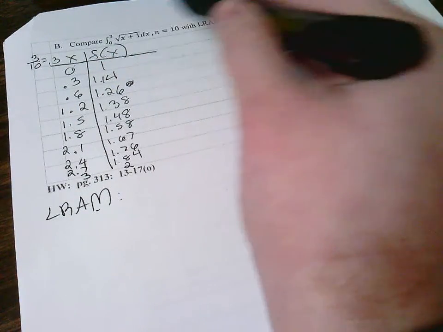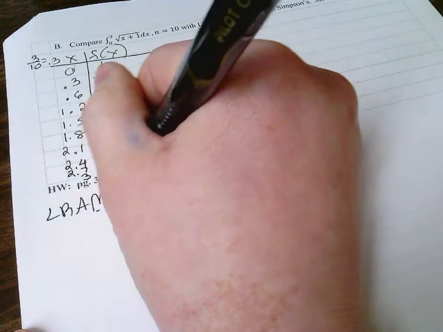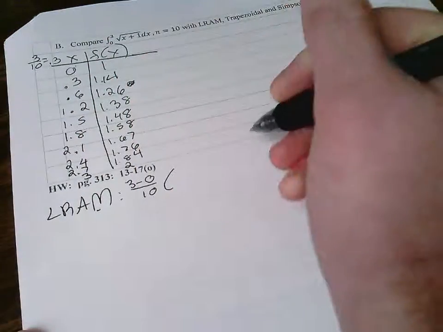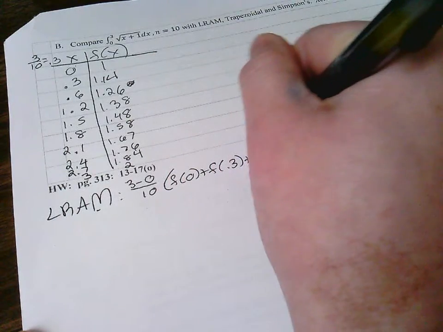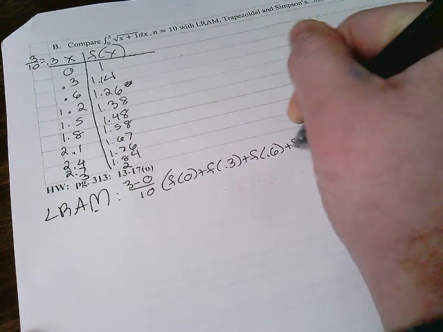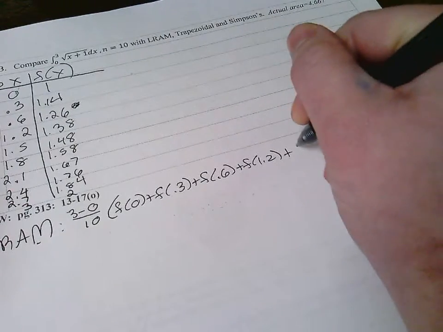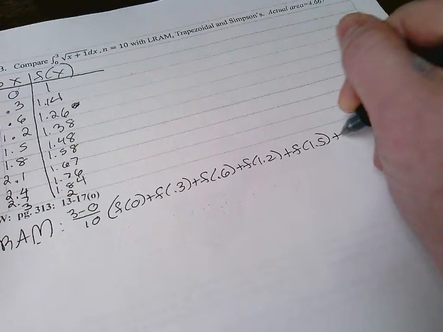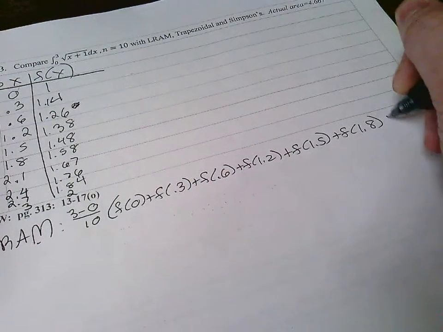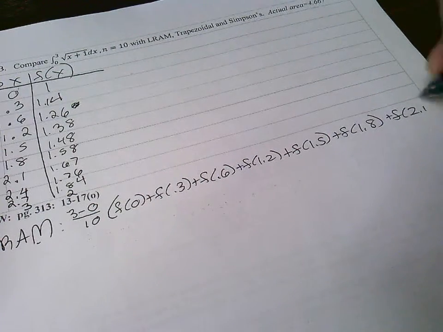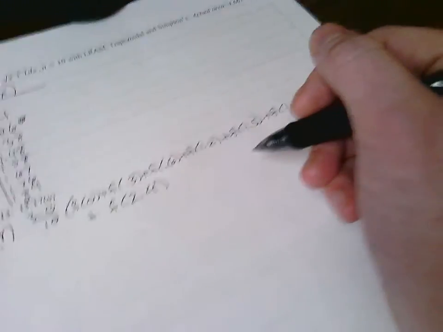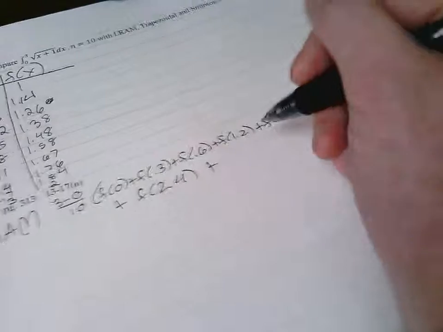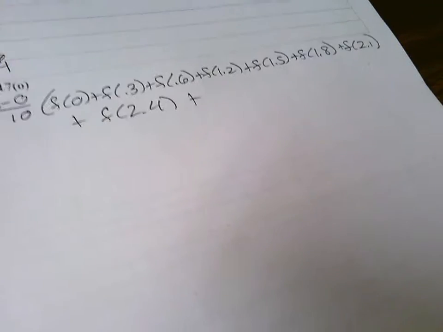So you got 3 minus 0 over 10 times f of 0 plus f of 0.3 plus f of 0.6 plus f of 1.2 plus f of 1.5 plus f of 1.8 plus f of 2.1 plus f of 2.4 plus f of 2.7.